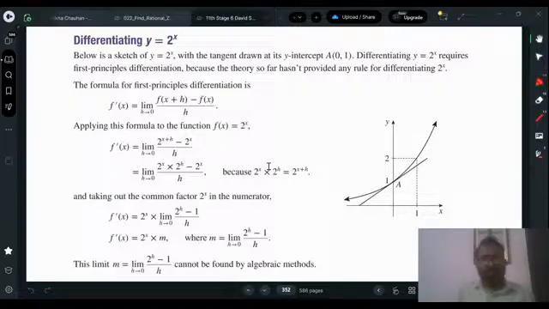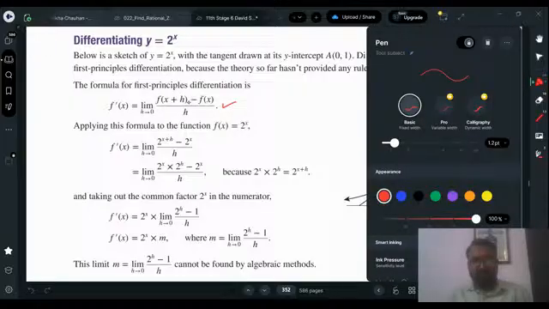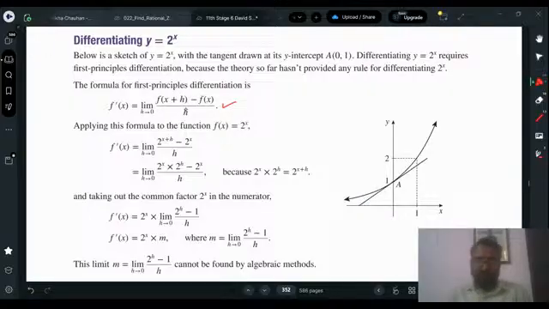Okay, can you see this graph? f dash x is equal to the limit as h tends to 0 of f of x plus h minus f of x, by h. Actually, do you know what this is? It is an average, in terms of f of x plus h and f of x.